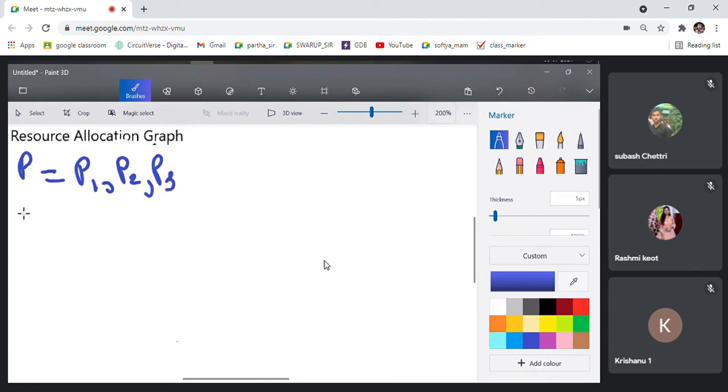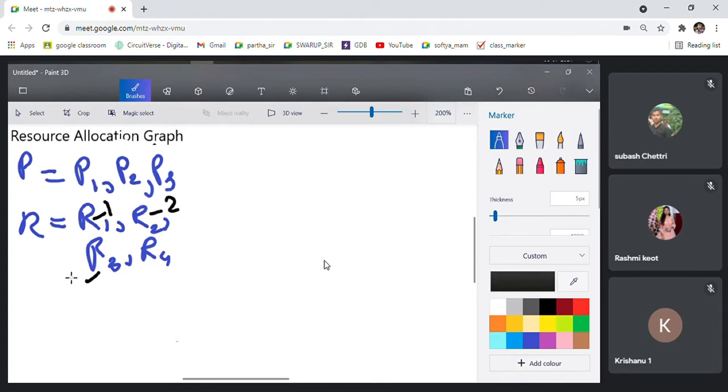Now I have resources R: resource R1, resource R2, resource R3, and resource R4. Let me say I have one copy of resource R1, two copies of resource R2, one copy of resource R3, and three copies of resource R4.